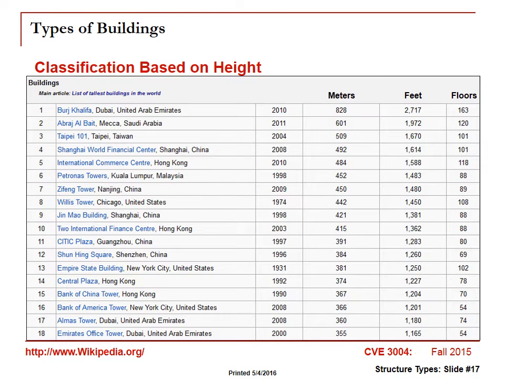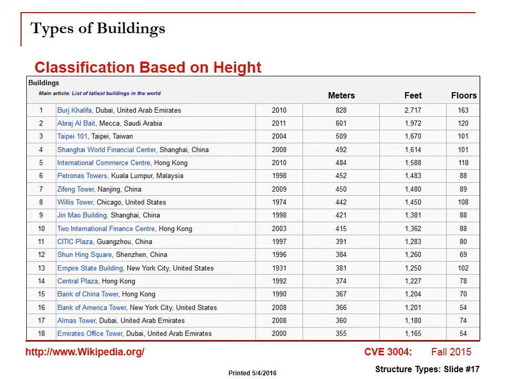This is just an old list of tall buildings around the world. This has the Burj Dubai in the United Arab Emirates as being the tallest building. That has since been replaced. But one thing I'll say about tall buildings is that they sort of go in fits and starts.